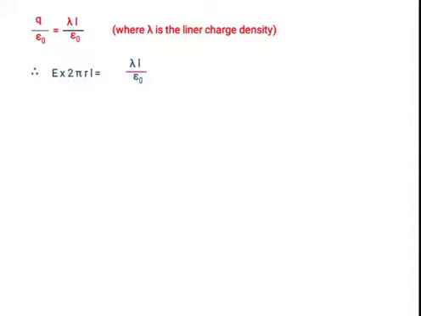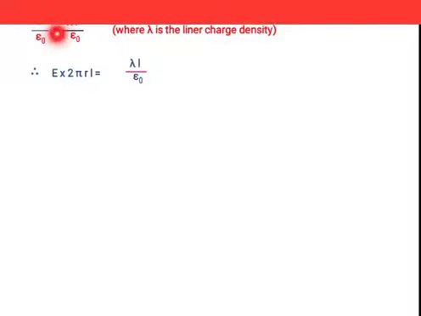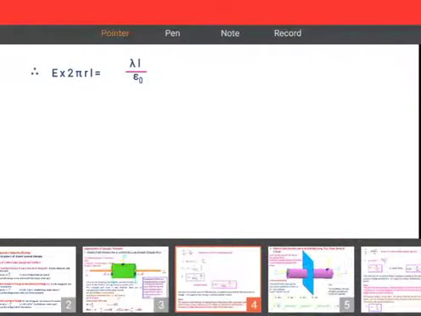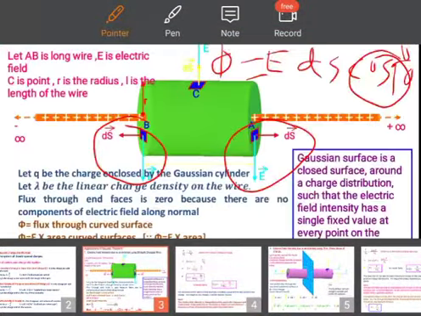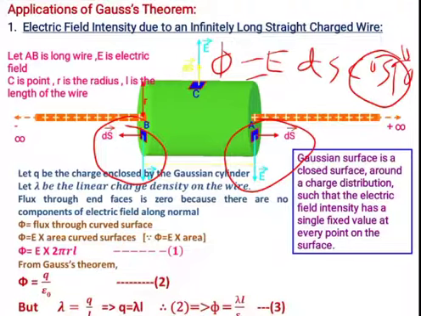Therefore, from Gauss's theorem and the flux we just discussed, phi is equal to E into 2 pi RL.